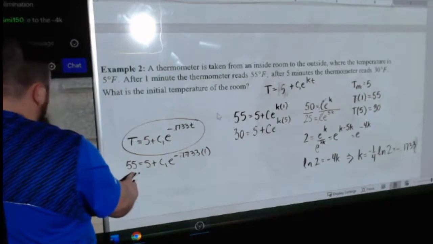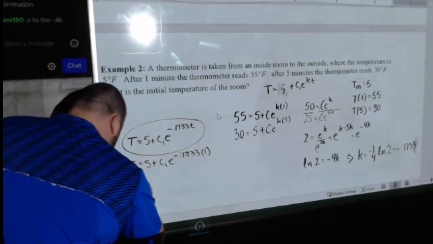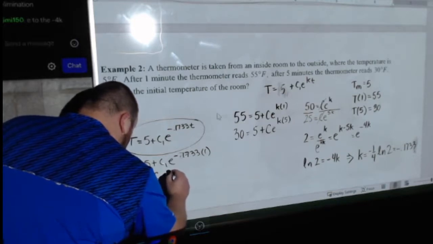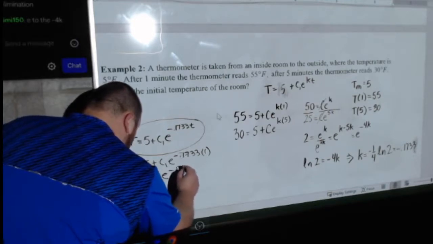Again, we can easily bring this 5 over. So 50 equals C1 e^(-0.1733).